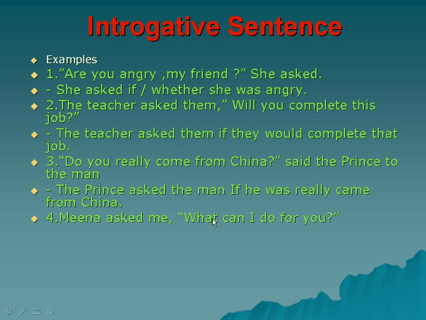When in direct speech there is a WH question, see here in indirect narration: Meena asked me what she could do for me. Asked is the reporting verb and the connective word is the WH word which has already occurred in the sentence, what.